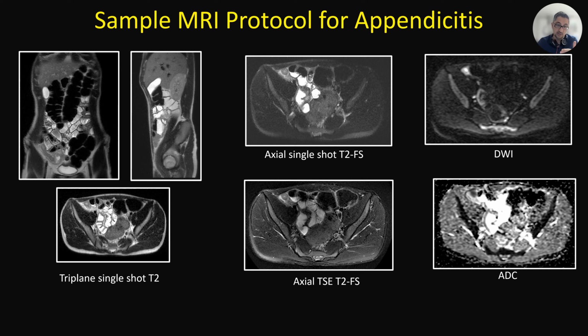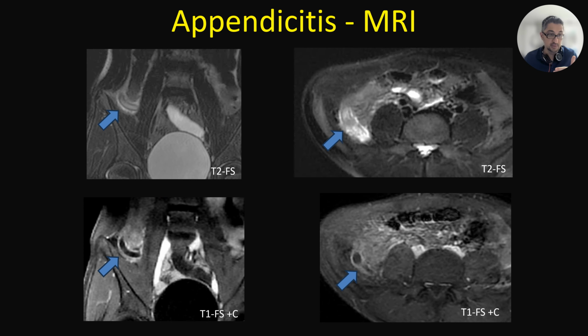We did not use contrast injection, but contrast can be injected and you can see the inflammation better with the contrast injection. Here is an example of appendicitis. The appendix is distended, filled with fluid. There is T2 signal intensity around the appendix.